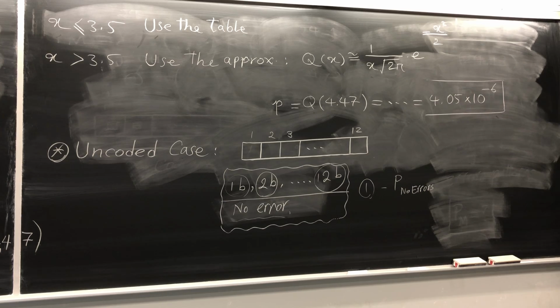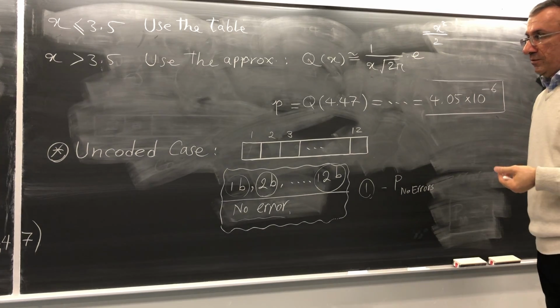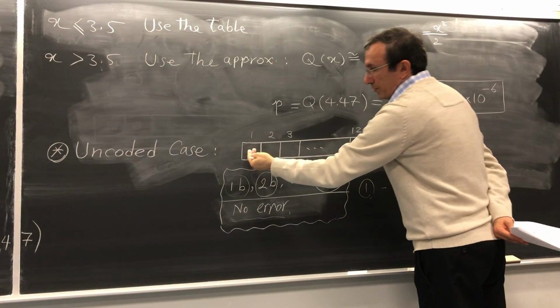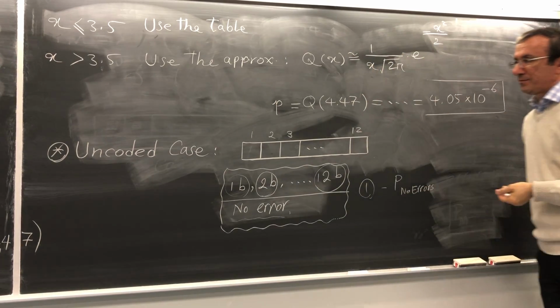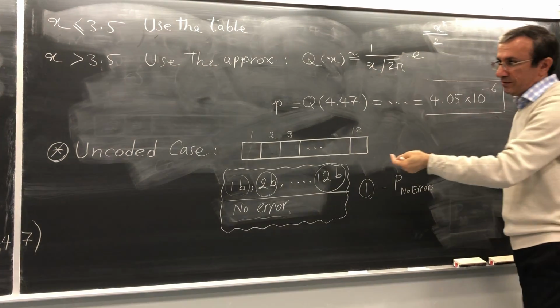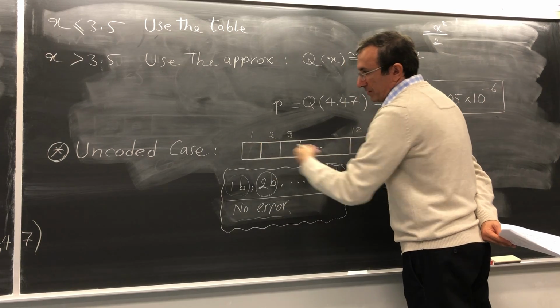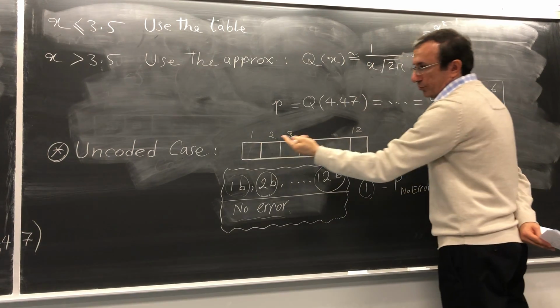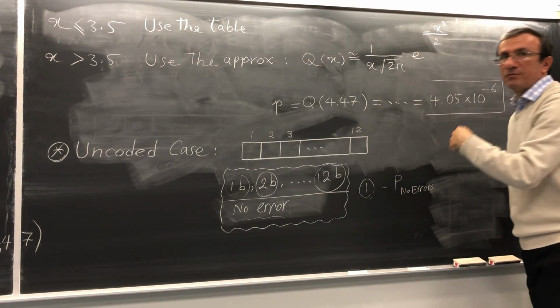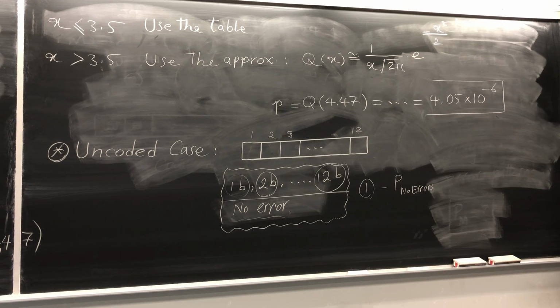So we have 12 bits. One case is no errors, and there are so many other cases in which one of the bits receives an error, 2 of the bits receive an error, 3, 4, all the way to 12.